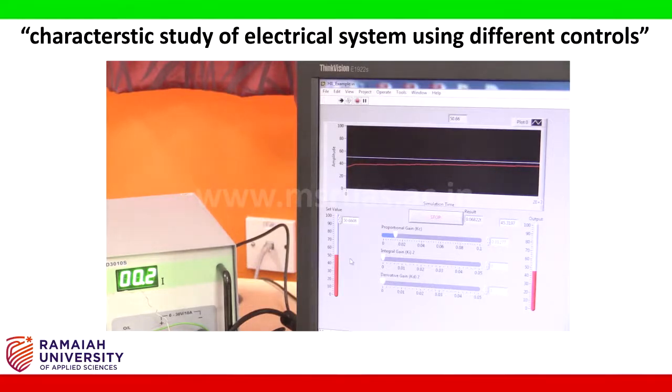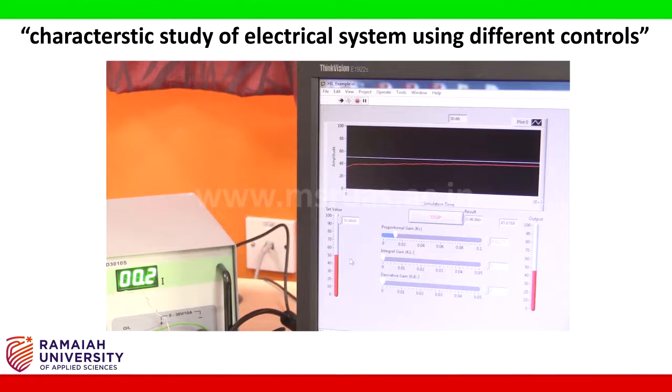Since most systems require very fast response, the value that we have set for this particular application may not be enough to make the output reach the set point in less time.